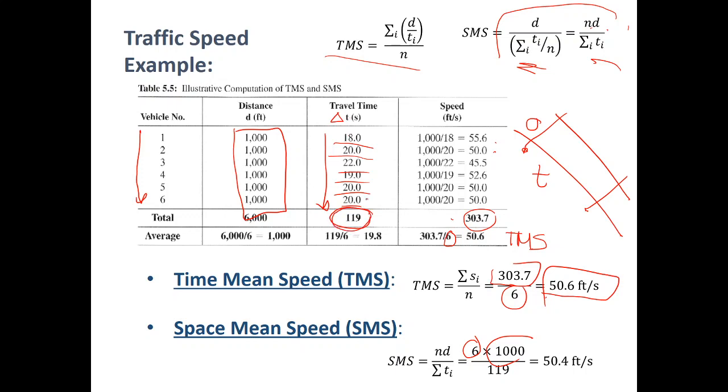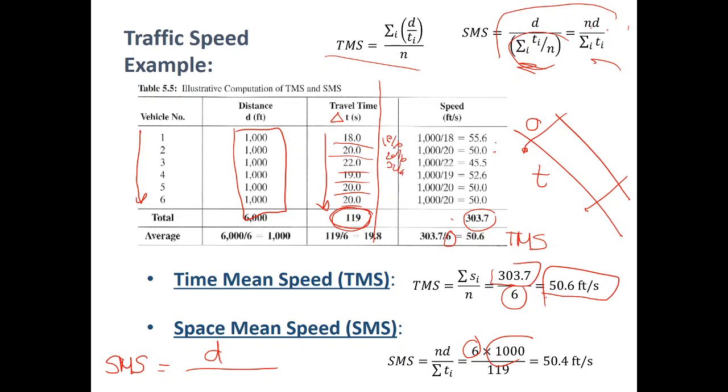100. If you want to do it the other way, which you can understand a bit more, my SMS is equal to D, and let's measure this one here. So how you do it, you create another column here, and you say 18 divided by 6, 20 divided by 6, 22 divided by 6, and so on.